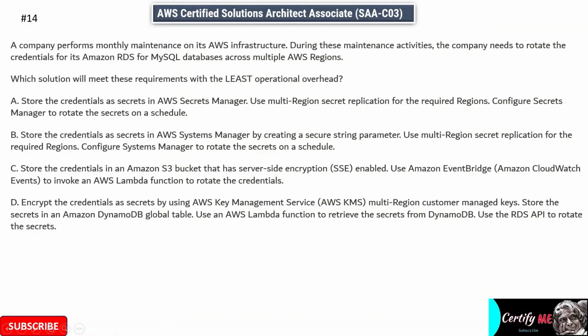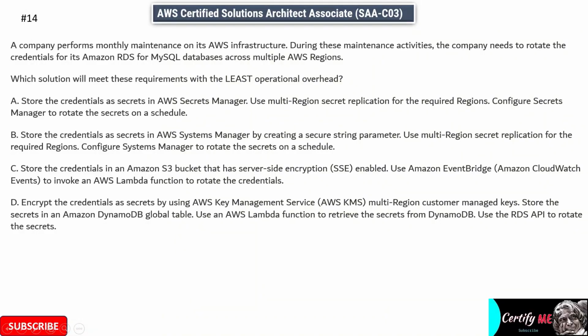Option B. Store the credentials as a secret in AWS Systems Manager by creating a secure string parameter. Use multi-region secret replication for the required regions. Configure Systems Manager to rotate these secrets on a schedule. Option C. Store the credentials in an Amazon S3 bucket that has server-side encryption enabled.